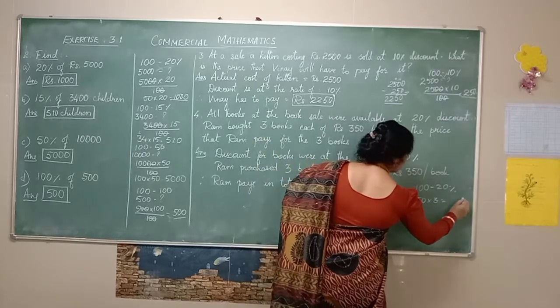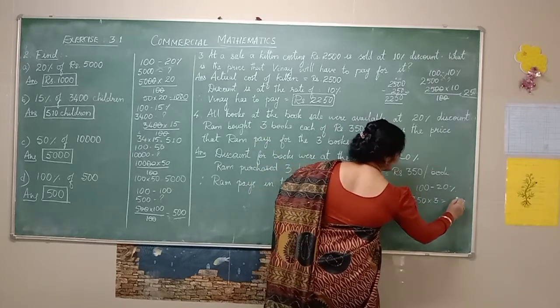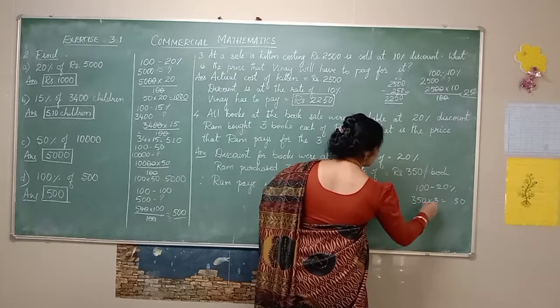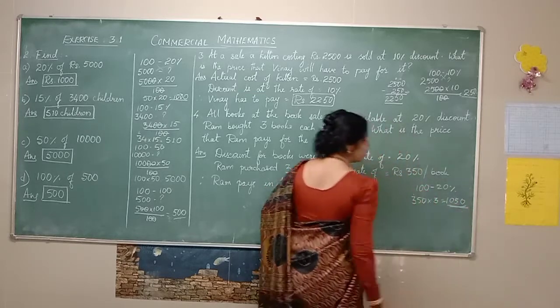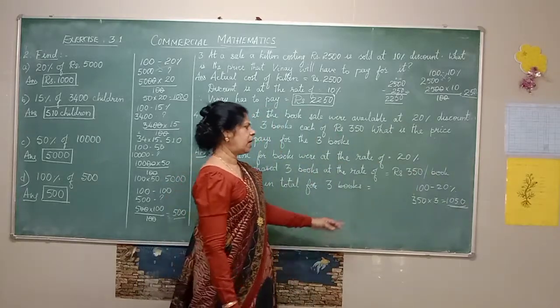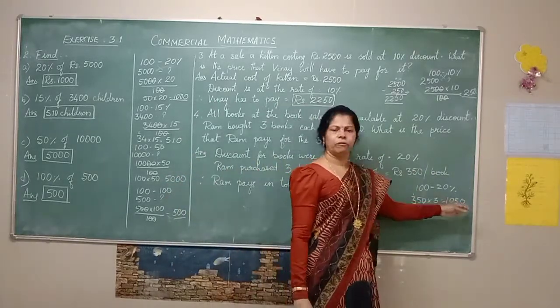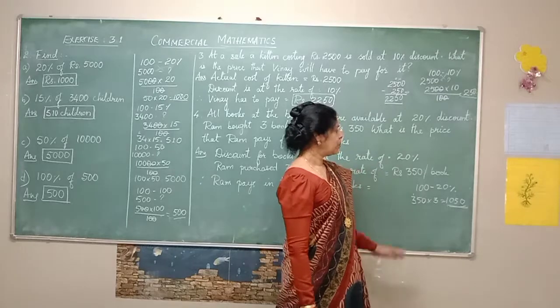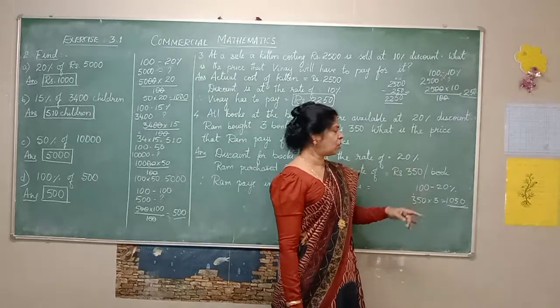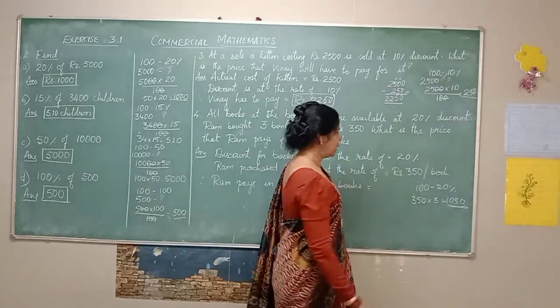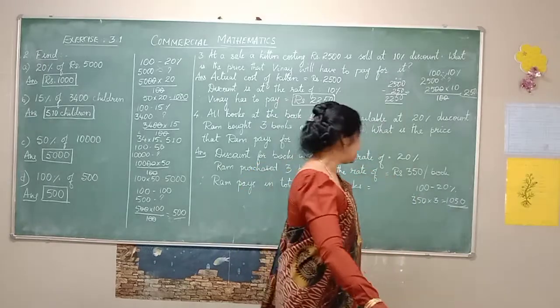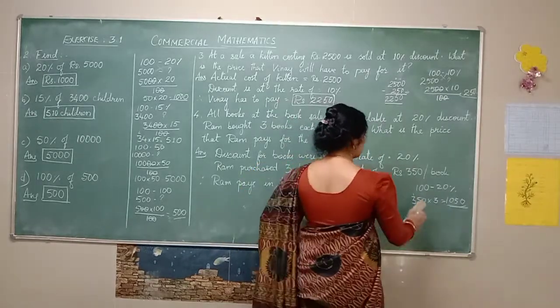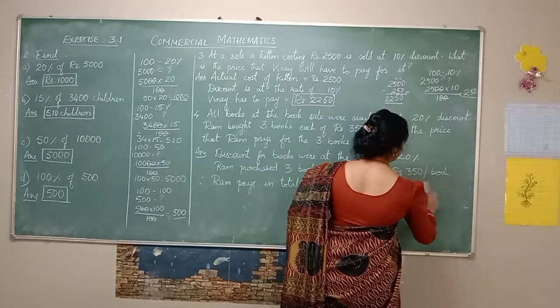So what is the answer? 3 zeros are 0, 3 5s are 15, carry 1, 3 3s are 9 plus 1, 10. So actually what he has to pay? He had to pay an amount of 1050. But because there was a discount of 20%, now for 100, then for 1050, how much?